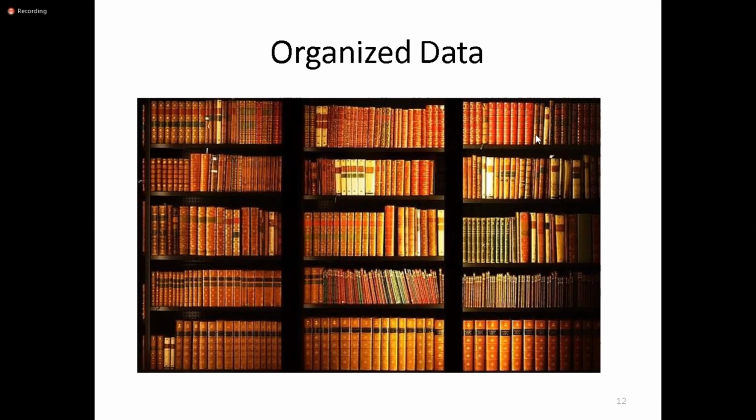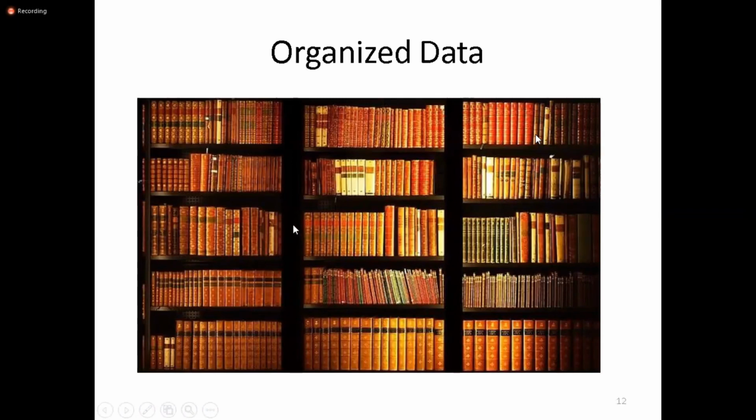It is the single point of reference, and also there can be many assistants to assist you. And once the book is there, the books are categorized as you told, then you can go to that particular shelf and find the book you want. So it's a typical example for organized data.